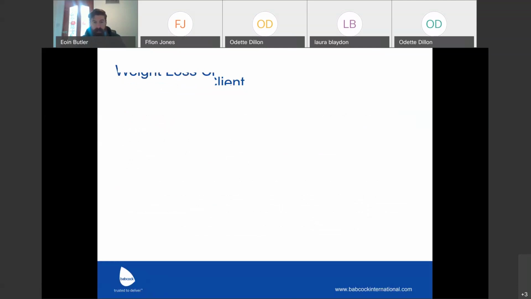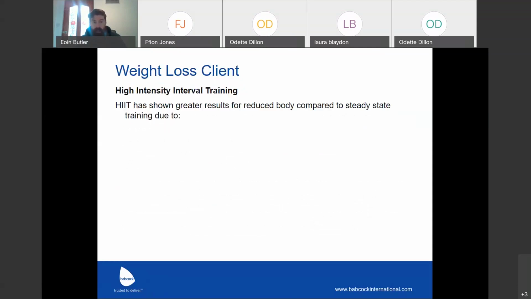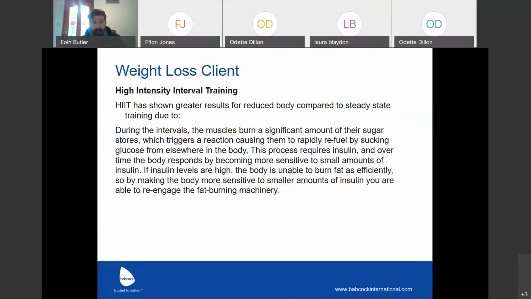Okay, so to touch on high intensity interval training then. HIIT training has shown greater results for reduced body fat compared to steady state training because during the intervals, the muscles burn a significant amount of their sugar stores, which triggers a reaction causing them to rapidly refuel by sucking glucose from elsewhere in the body.